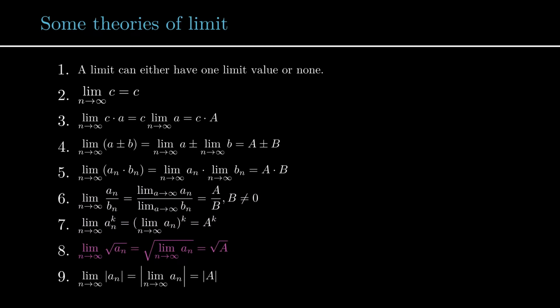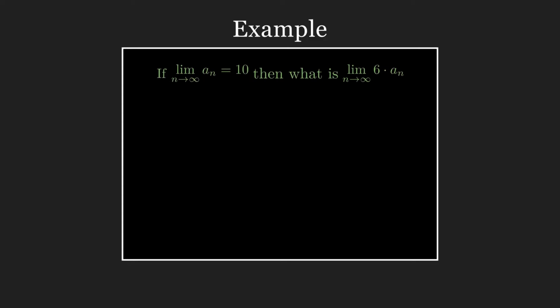Just 9 of them might sound like a lot, but if you can remember some of them, you can relate them all together. So for example, if limit of an as n approaches infinity equals 10, then what is limit of 6 times an as n approaches infinity? In this case, you can do like the theories already said, that you can move between them.